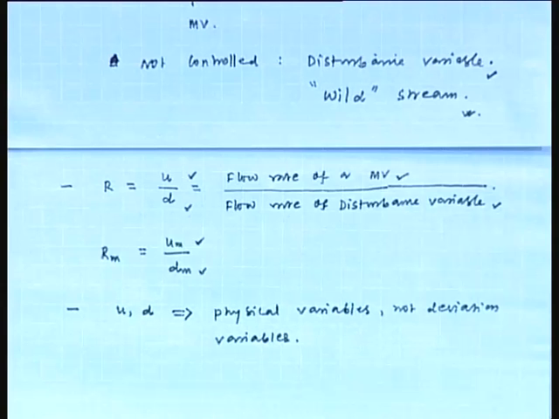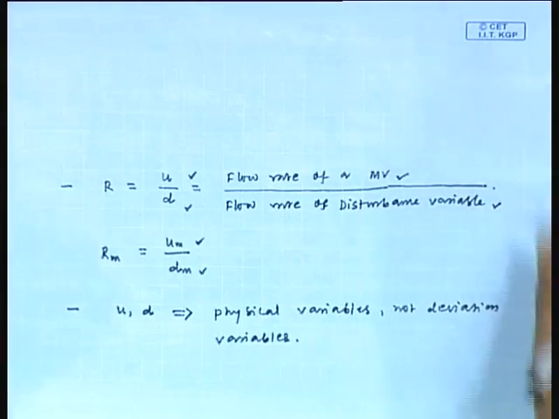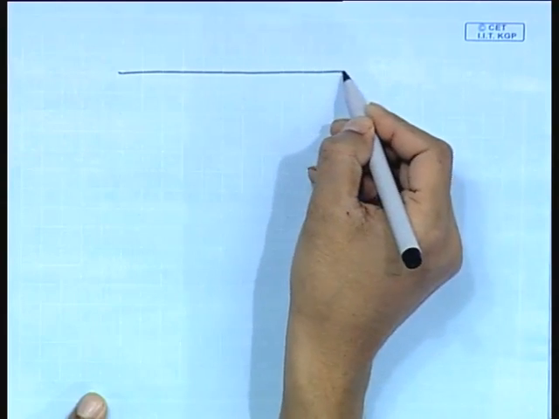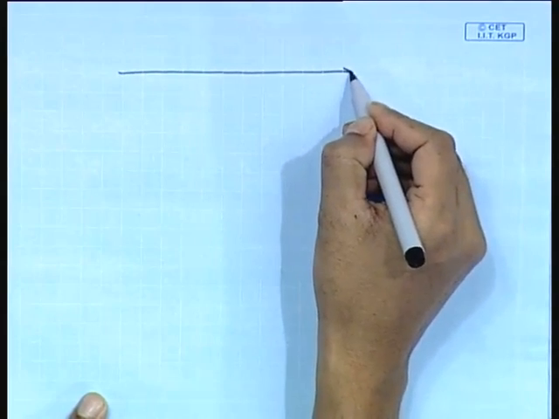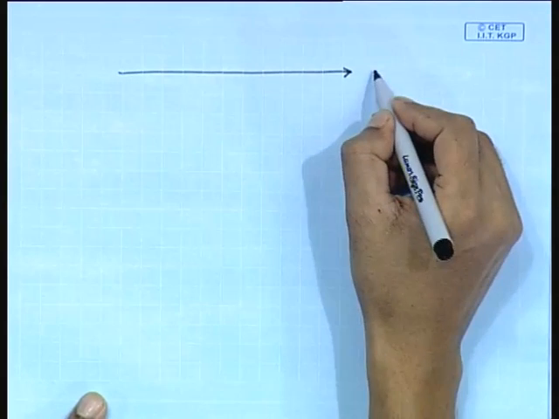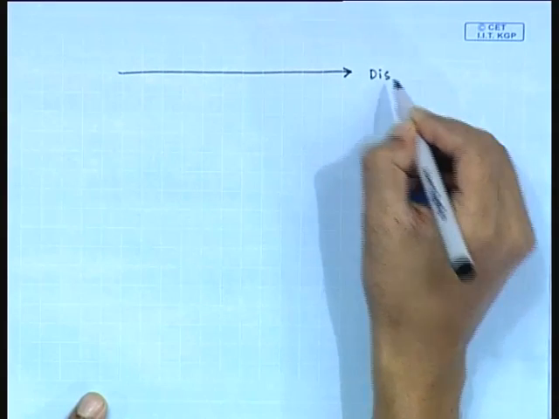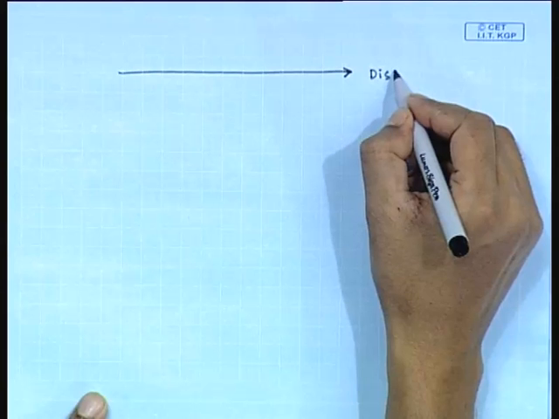Fine. In the next, we will try to develop the ratio control configurations. So, this is one stream. Say this is the disturbance stream.